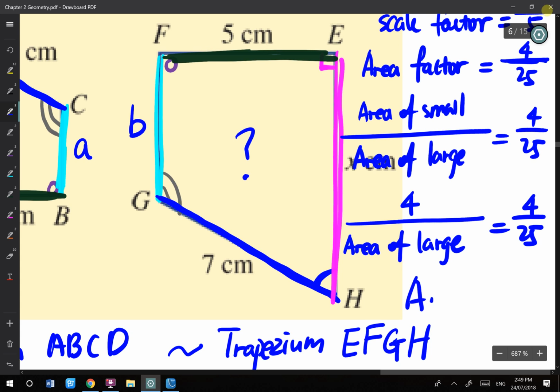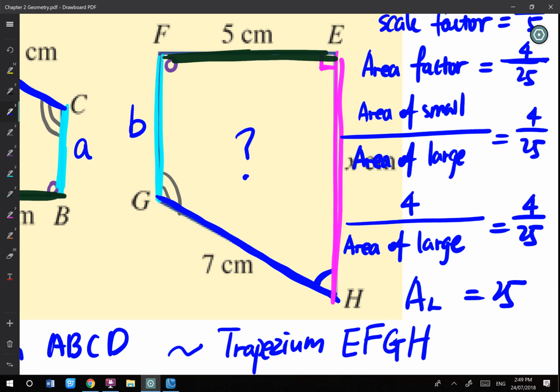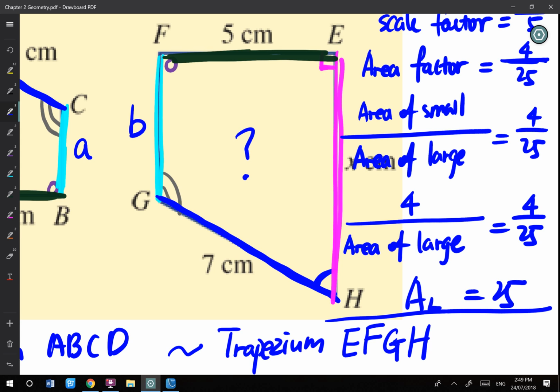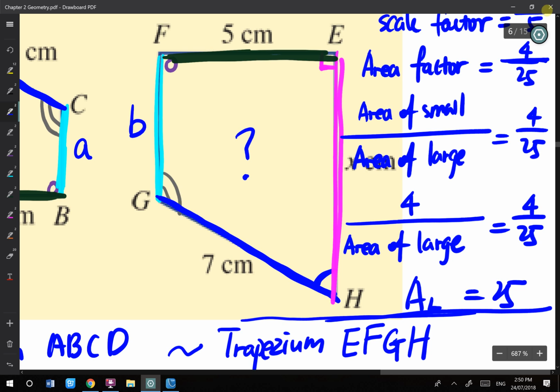So the area of large must be 25, which is the same result as we worked out using the other method.